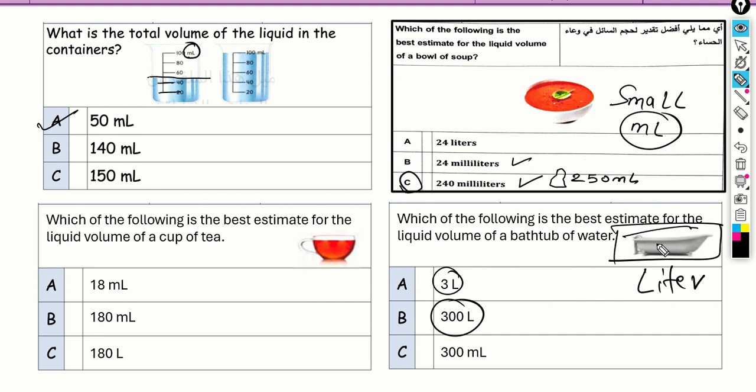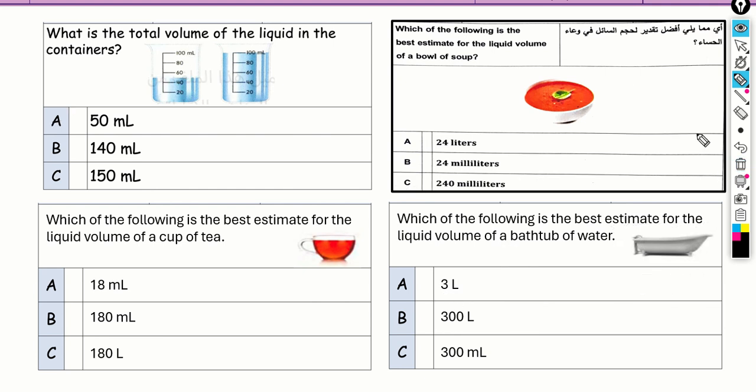Will it be enough to fill this? No. If I have a 1 liter bottle in the classroom, the big one I showed you, and I take 3 of that kind of bottle, will that be enough? No, it won't be enough. So we need 300 liter. We need a big amount, right? Okay, like this, think about these questions and let's move on.